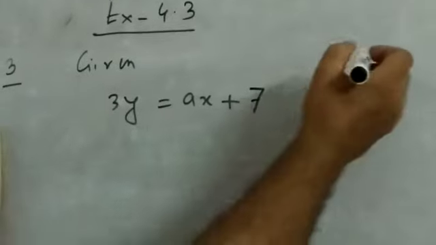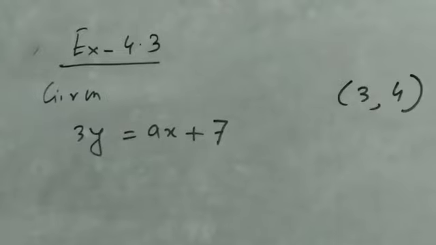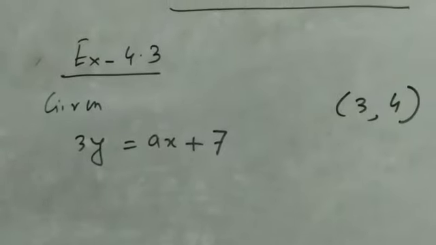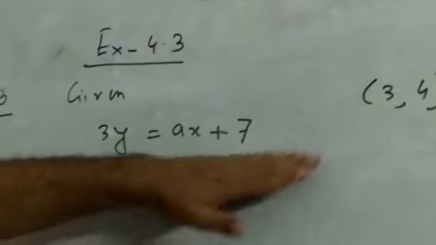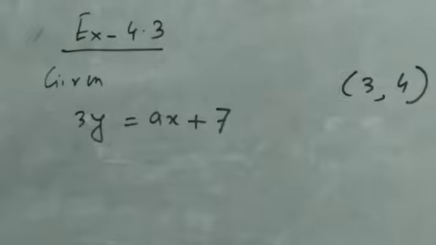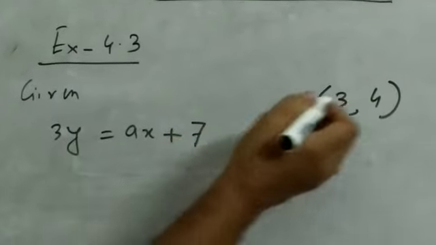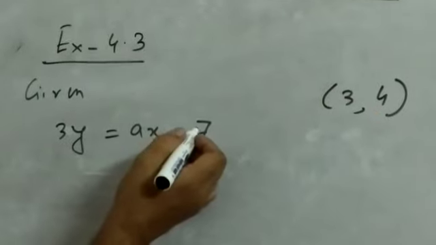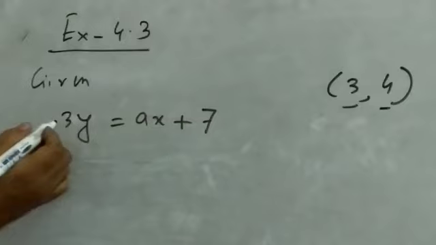And here it is given that (3, 4) lies on the graph. It means if we draw the graph of this equation, then this point will lie on the graph. Or we can say that (3, 4) is a solution of this equation.